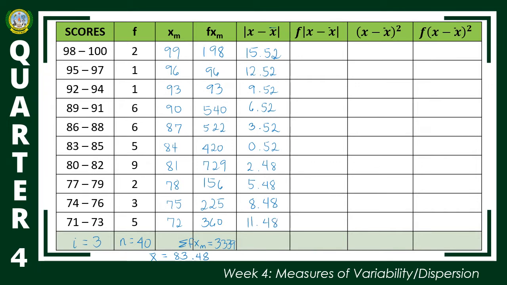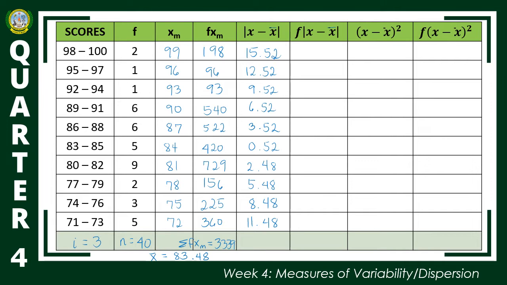Ayan. So, ang sunod naman po dyan ay yung next column. So, kung mapapansin nyo, nagka-F po siya, which means imumultiply natin yung nakuha natin sa previous column doon sa frequency. Okay? Sa kanyang corresponding frequency.